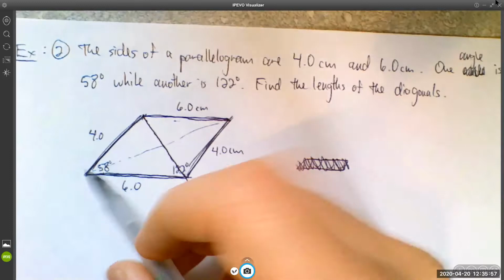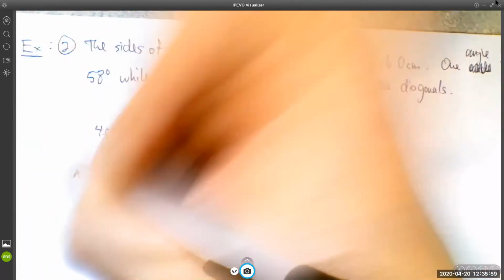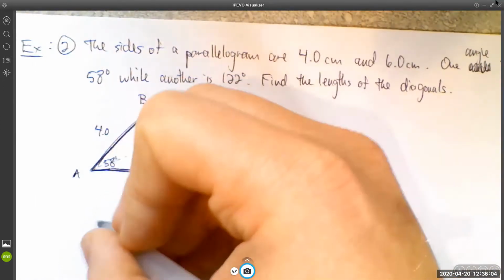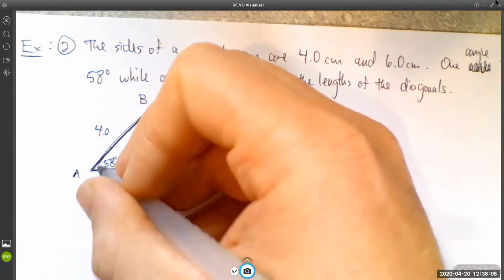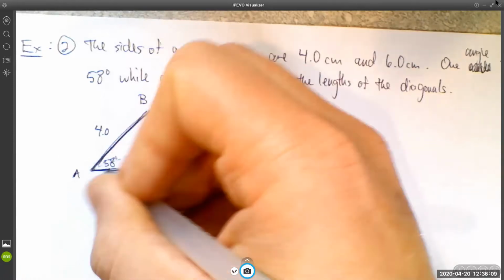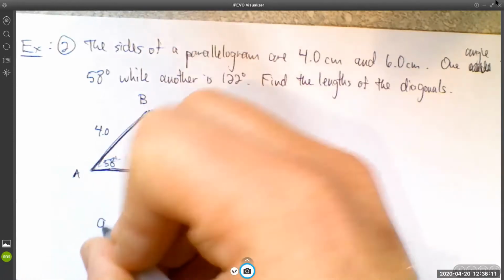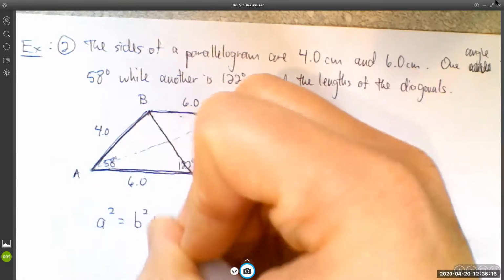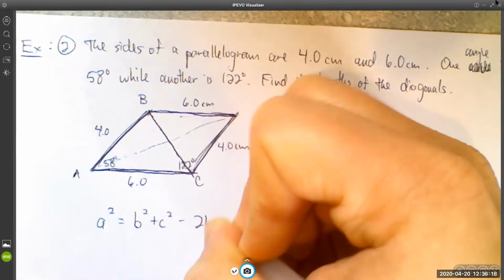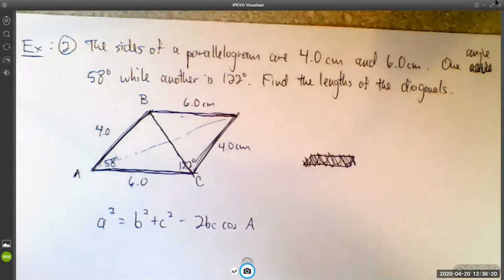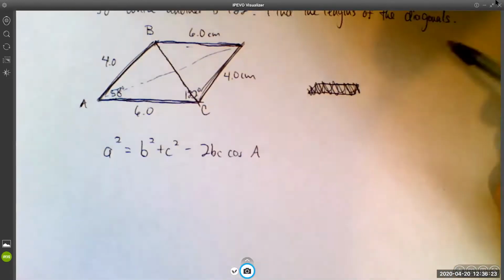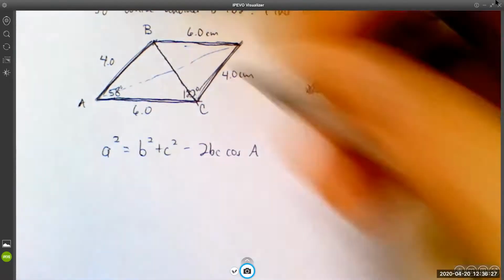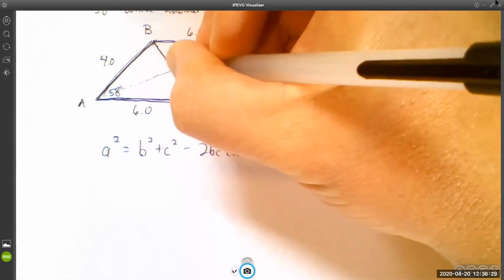If I say, let's label this A, B, and C. I'm going to use the version of the law of cosines that involves angle A. So that one would be the first one on the list. A squared equals B squared plus C squared minus 2BC cosine A. And A is the thing that I'm looking for, right?